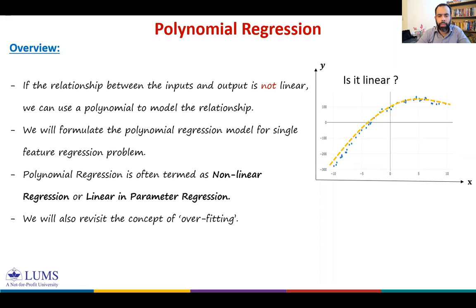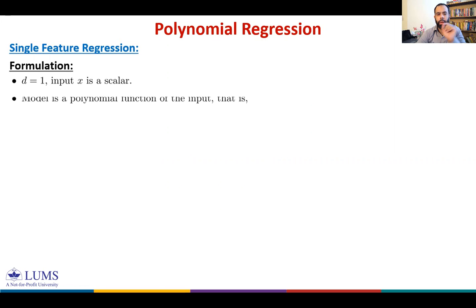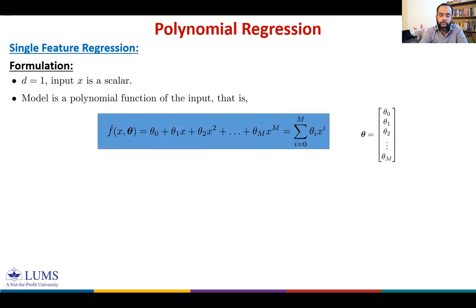Let's start with the formulation of a polynomial regression. So we take single feature, single variable regression. So our D is 1, input is scalar. And we want to model the relationship between input and output using a polynomial. So our model would be given by an mth degree polynomial.